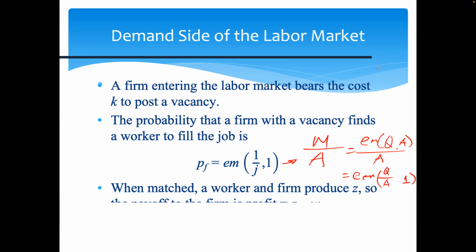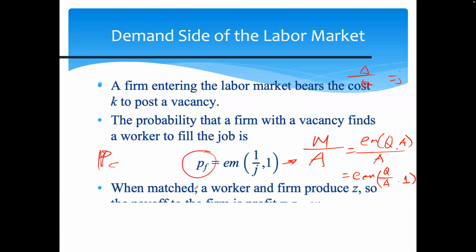Remember, we just defined A divided by Q as J, the labor market tightness. Now Q divided by A becomes the inverse, 1 over J. This is slightly different from PC. PC is the chance for a worker to find a job, and PF is the chance for the firm to match with a potential candidate.